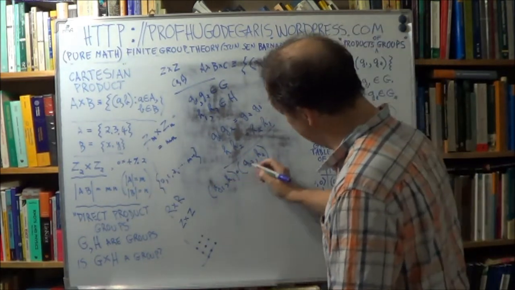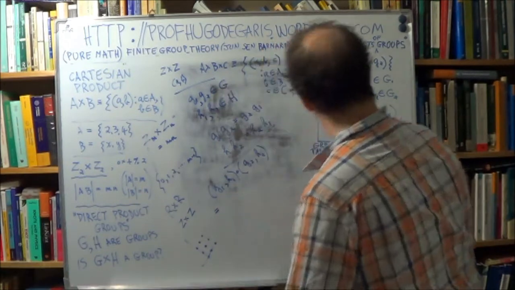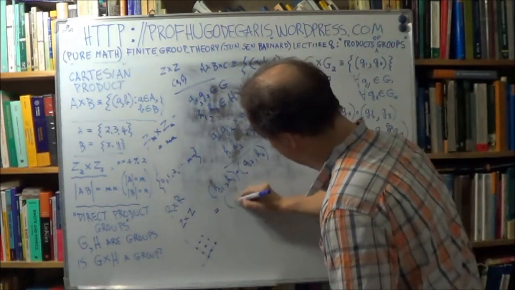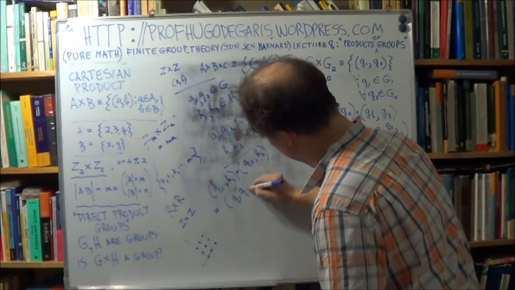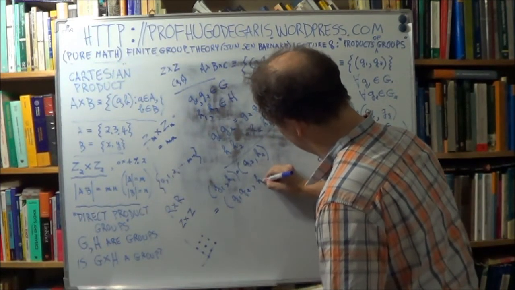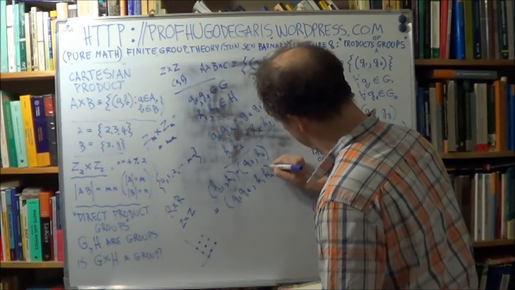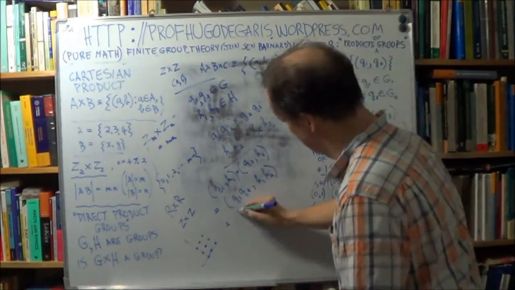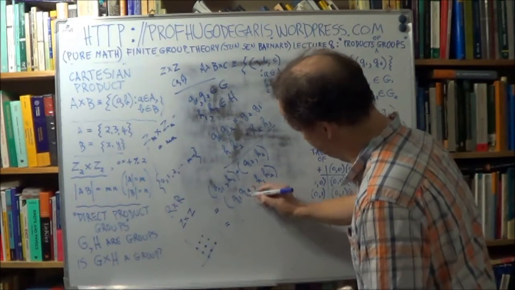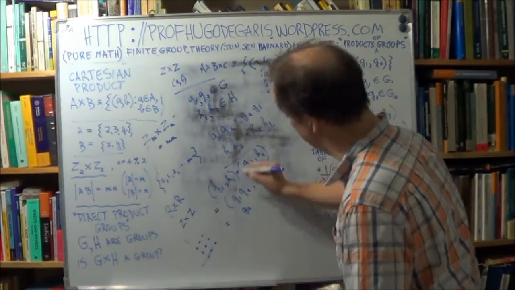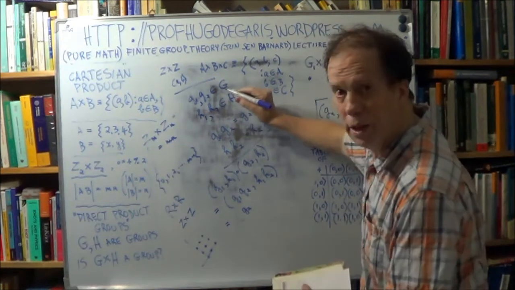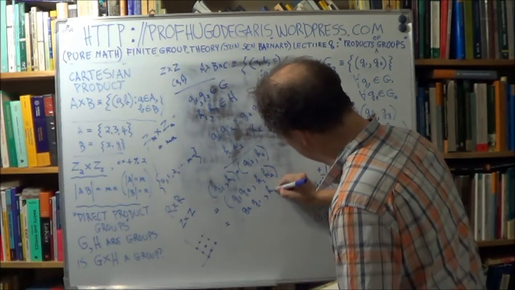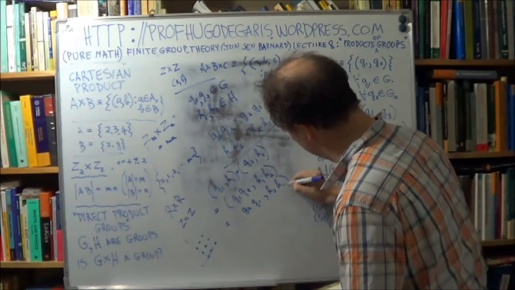Okay. Now what is this by definition? Well, just use the usual thing. So this becomes (g1 g2, h1 h2). But we can use these relations. Now, these commute because the big G is abelian. So this becomes g2 g1. This becomes h2 h1. Right?